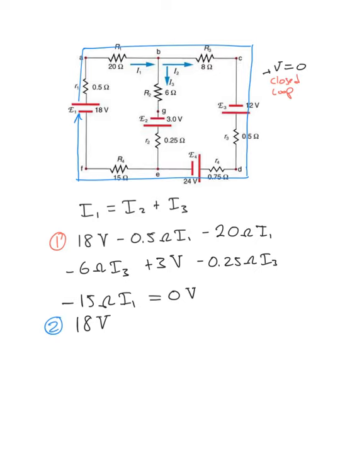We then, just like for I1, arrive at our two resistors, the 0.5 ohm resistor and the 20 ohm resistor, both of which have current I1 flowing through them. So we have exactly the same terms as we did for loop 1 here.